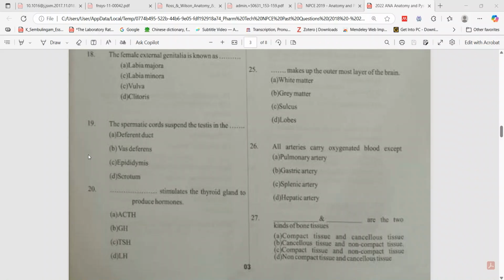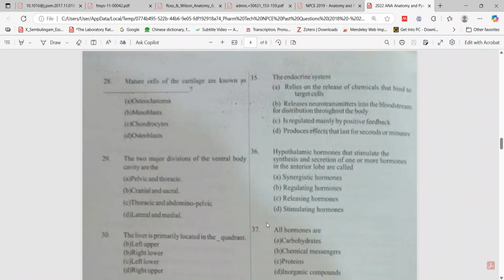This is straightforward. Compact bone and cancellous bone. Next: mature cells of the cartilage are known as.